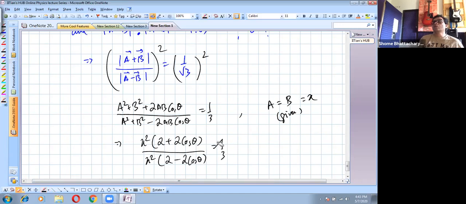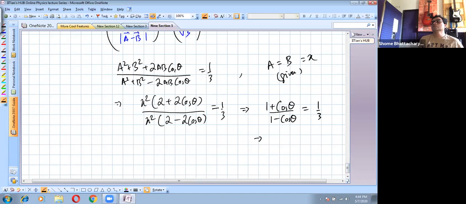So taking 2 common and cancelling, that is 1 plus cos theta upon 1 minus cos theta is 1 by 3. From this you will get cos theta is minus half. That means theta is obtuse.